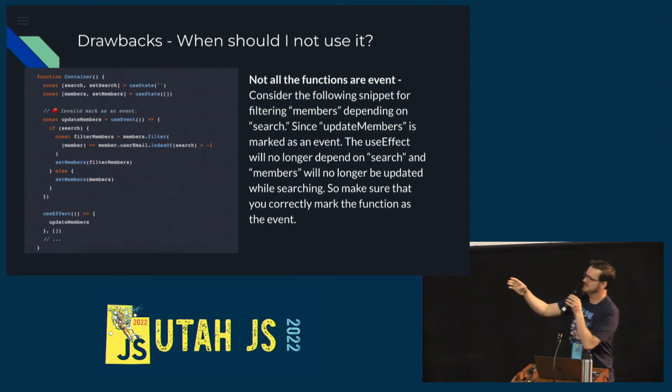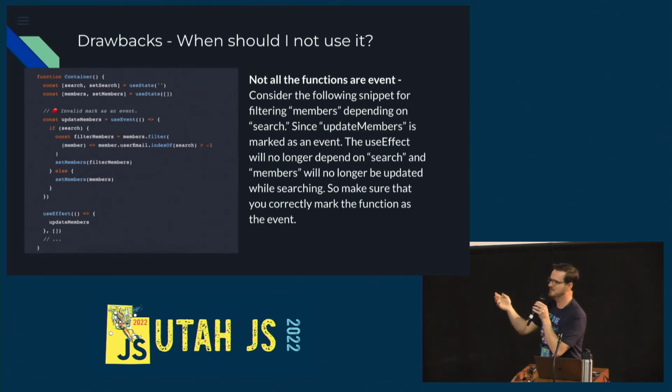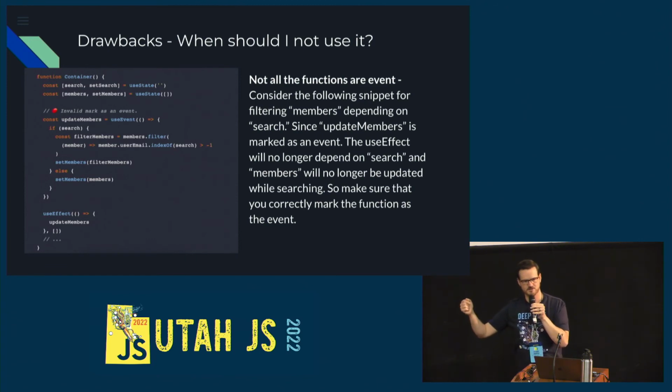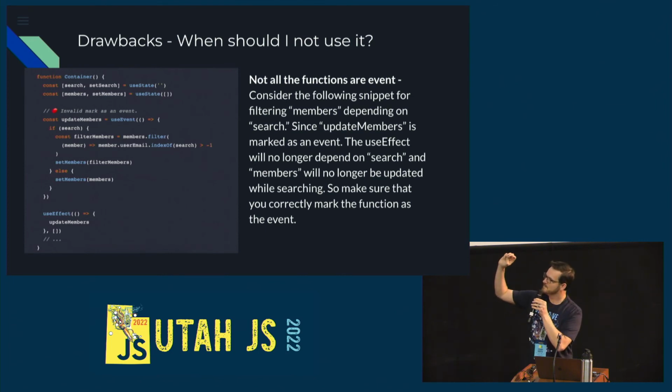In other words, if you're putting something inside of a useEvent, you essentially just want a function whose internals can change, but you still need to know when and how you're calling it. And thus your useEffects need to be set up properly so that they're triggering when you want them to trigger.